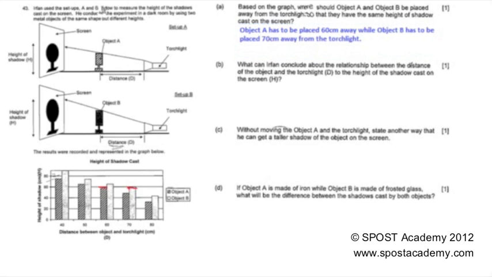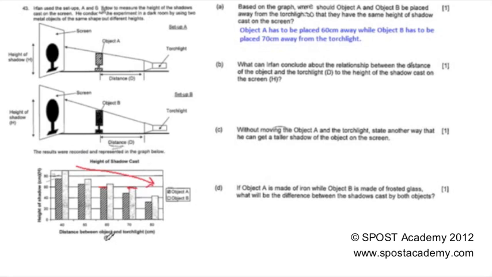Question B asks, what can Ifran conclude about the relationship between the distance of the object and the torchlight to the height of the shadow cast on the screen H? If you look at the graph, you will actually realize that the graph, can you see from here that it's actually going downwards?